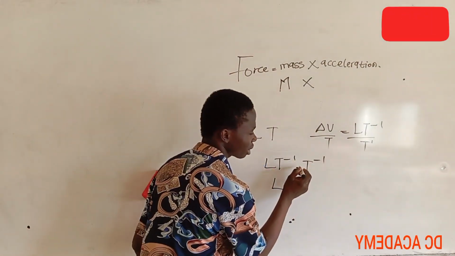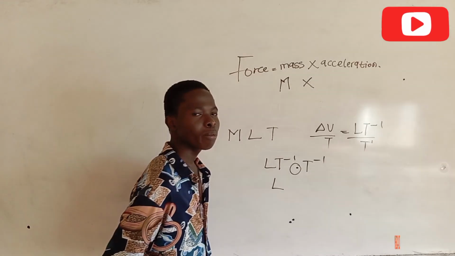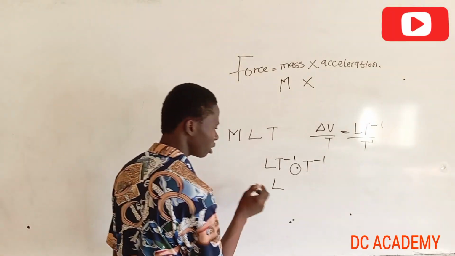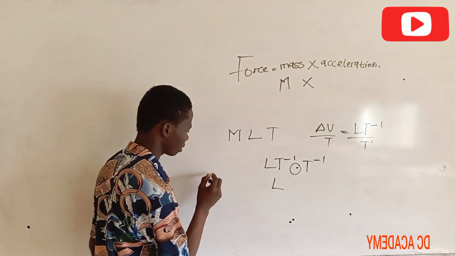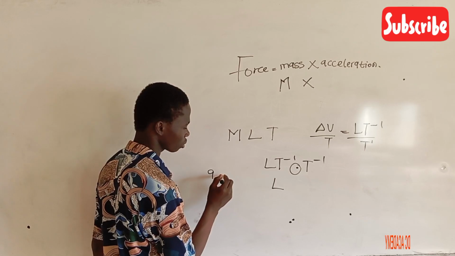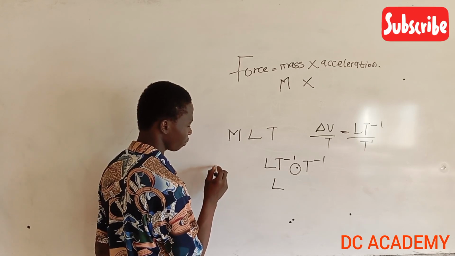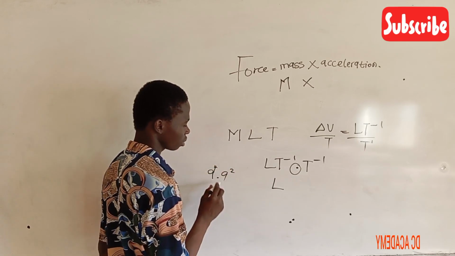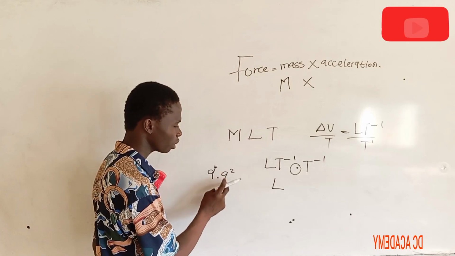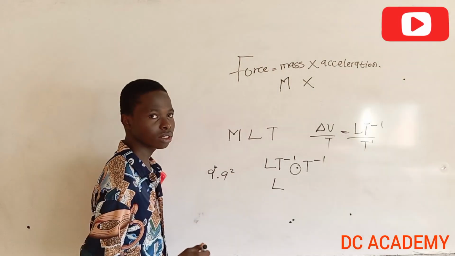Now, this is multiplication, right? Remember the law of indices: when two terms with the same base are multiplied, you collect one base and add the powers.